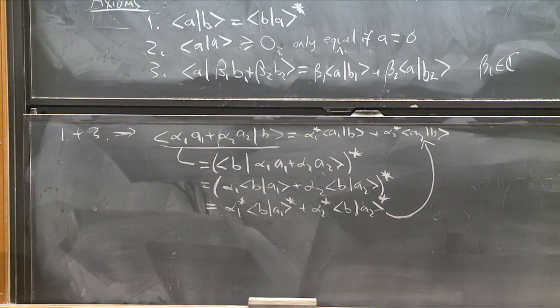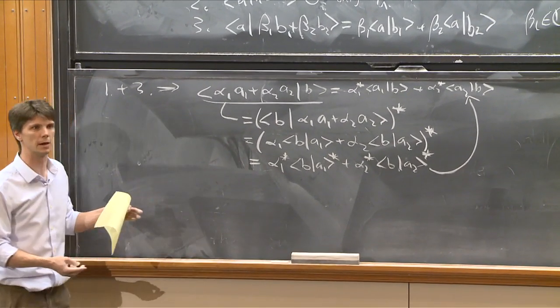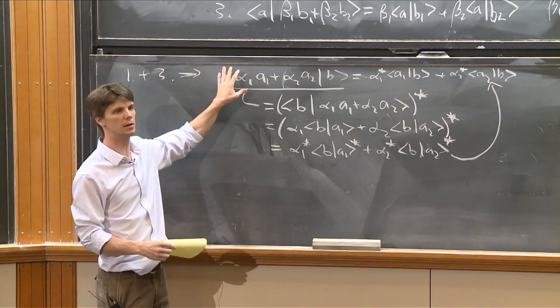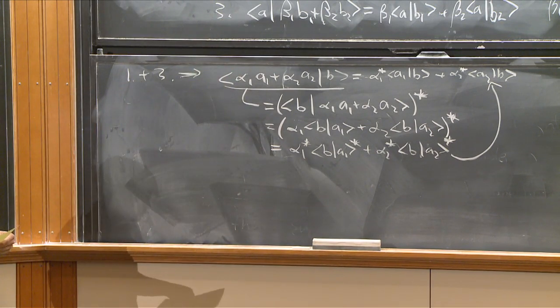So we only need to define this linearity or distributive property on one side of this thing. We could have chosen to define it here and wouldn't have needed that one, but we didn't.